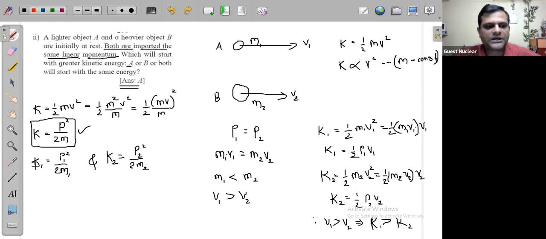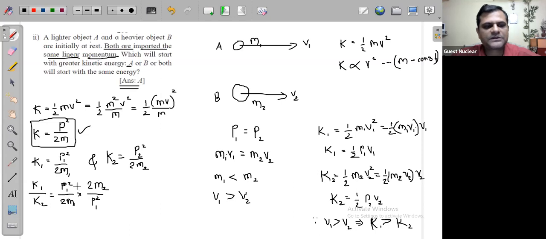In दोनों equations का अगर हमने ratio ले लिया तो क्या होगा, देखो ठीक से. So we get K1 upon K2 equal to P1 square upon 2M1 into the reciprocal of K2, which is 2M2 upon P2 square, correct?